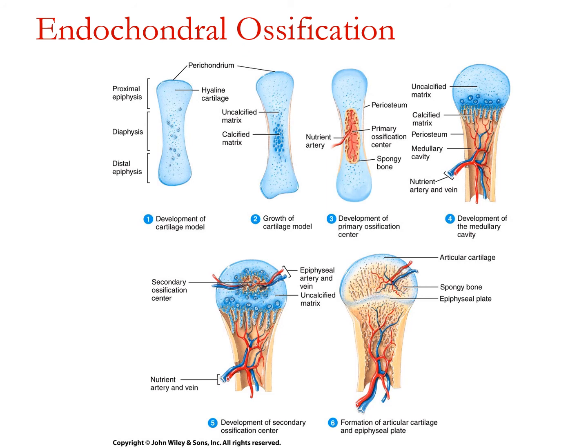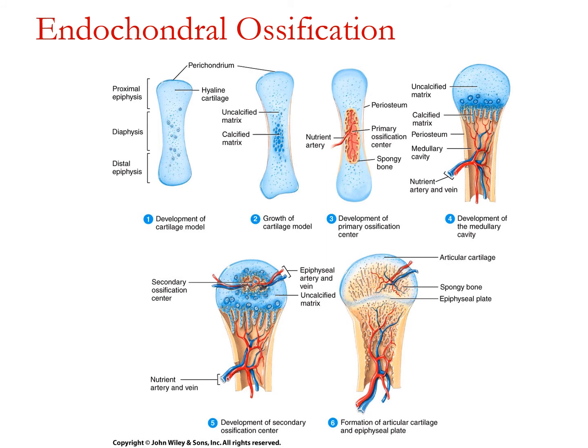All right, on this slide, we just have a step-by-step overview of the process of endochondral ossification. You can see that after the mesenchymal layer is converted into a cartilage model, you can actually see the beginnings of the epiphyses and the diaphysis. The cartilage becomes calcified and begins to break down.